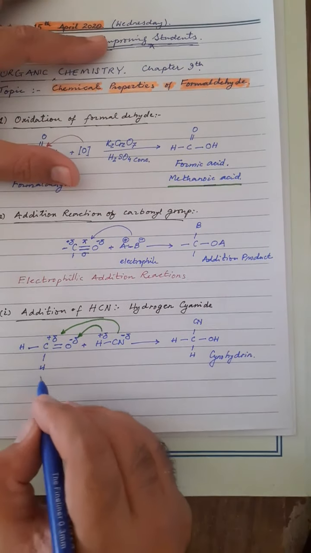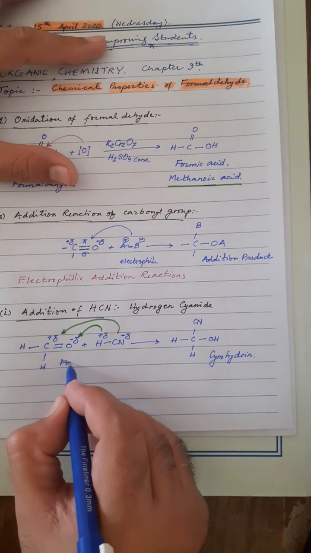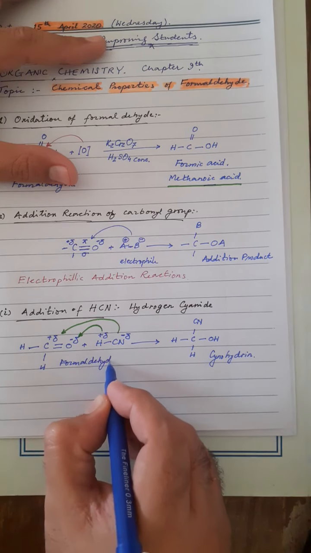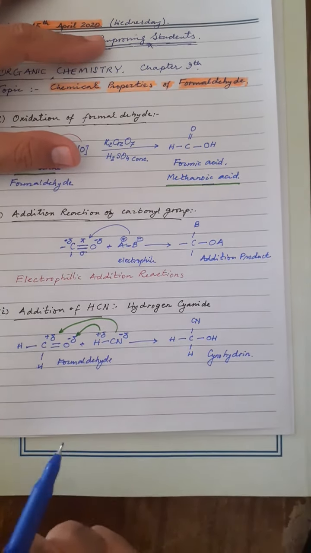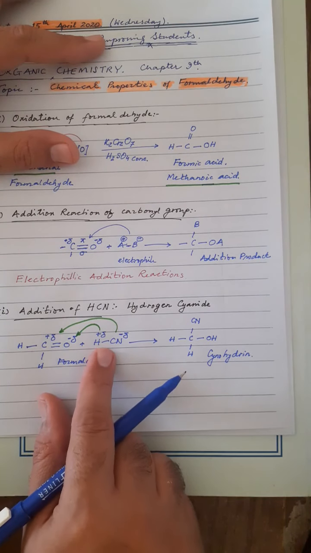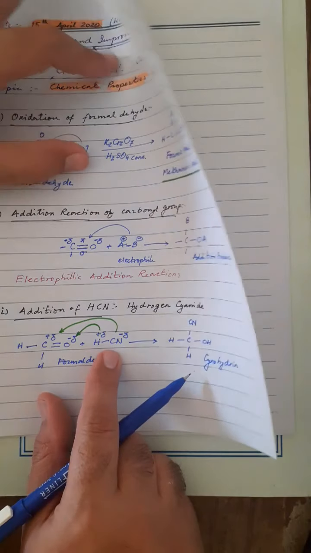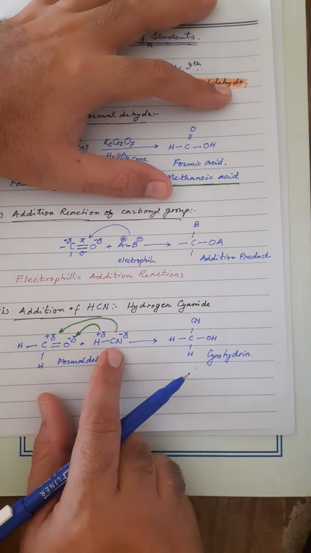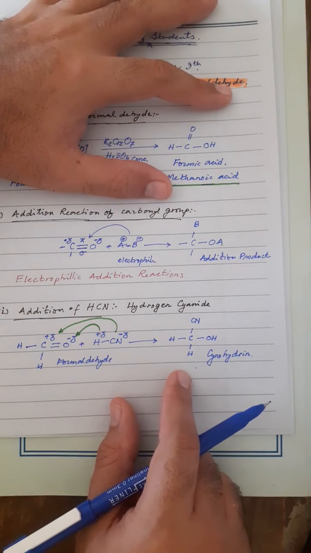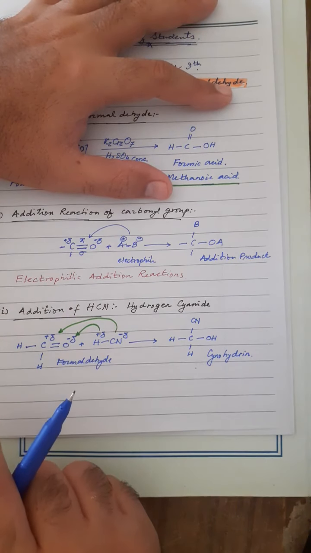So you can convert formaldehyde to cyanohydrin when formaldehyde reacts with hydrogen cyanide or hydrocyanic acid. This reaction is an electrophilic addition reaction, forming an addition product which is cyanohydrin.